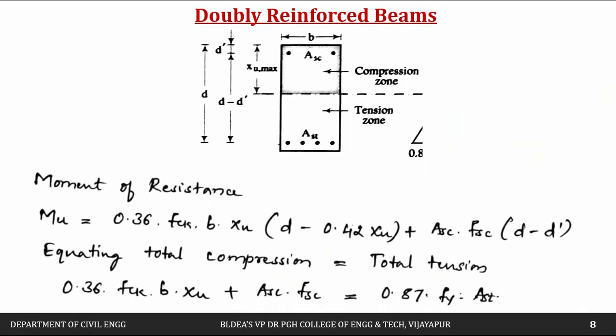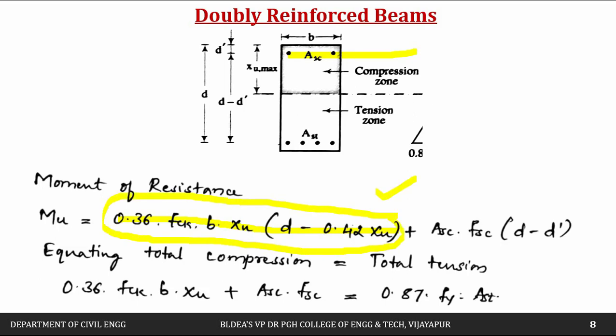Then next is the moment resisting capacity of the section. How to calculate the moment resisting capacity of the section now? If you take it based on the compressive forces, it is 0.36 Fck B Xu into D, as seen in the singly reinforced beam.